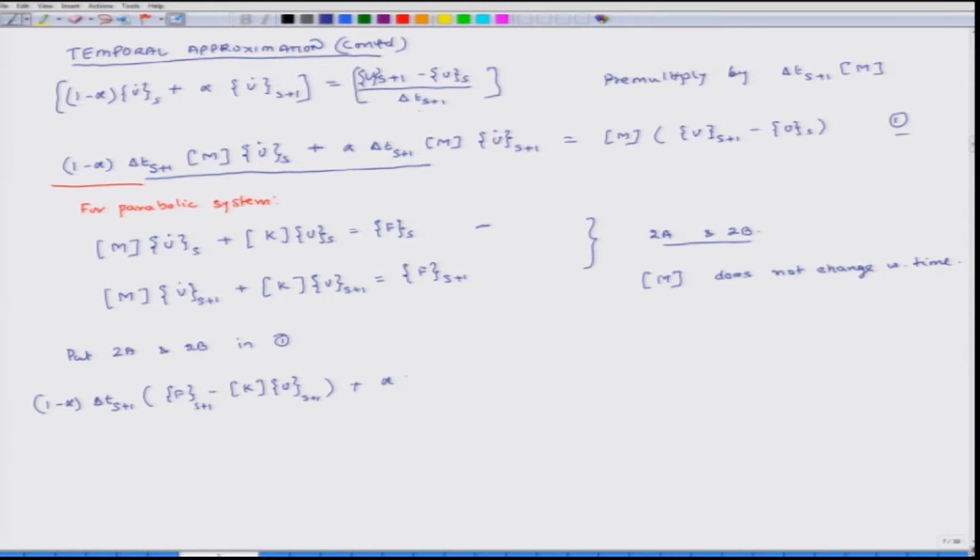Plus alpha delta t s plus 1 times F minus K U at time step s plus 1.